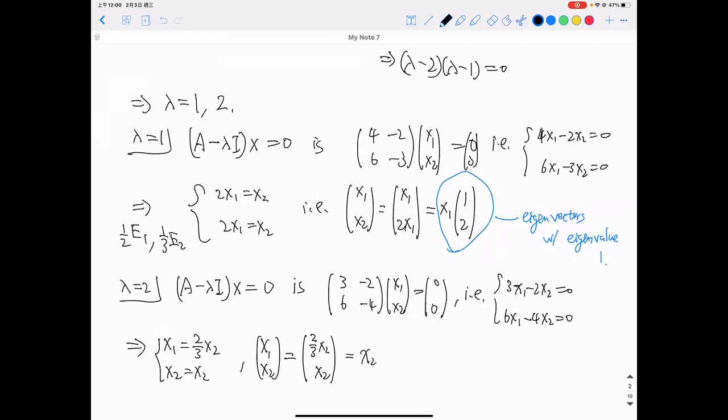So this is x2 times (2/3, 1). And these are all the eigenvectors with eigenvalue 2. Okay. So this example shows you how things can work in general.